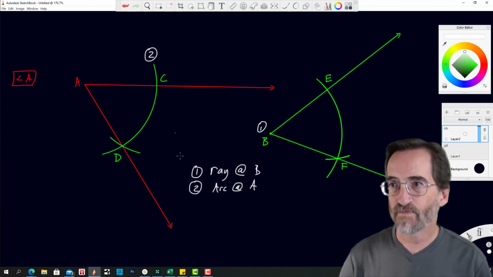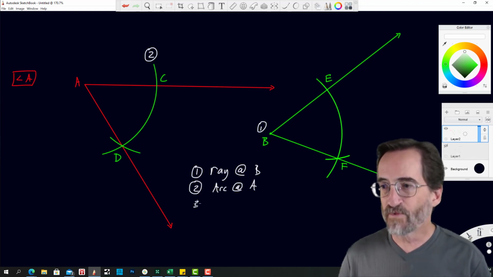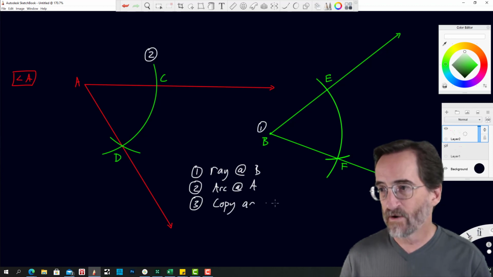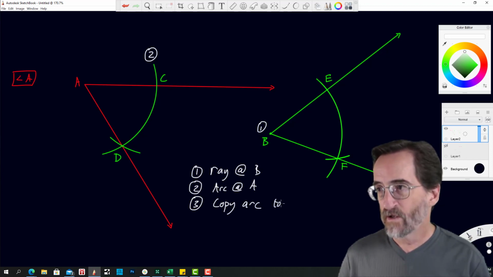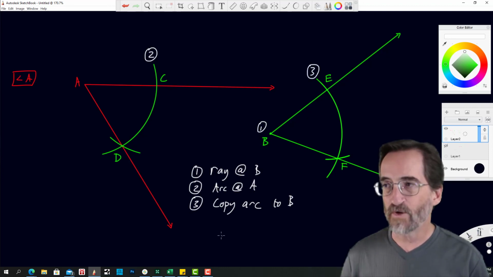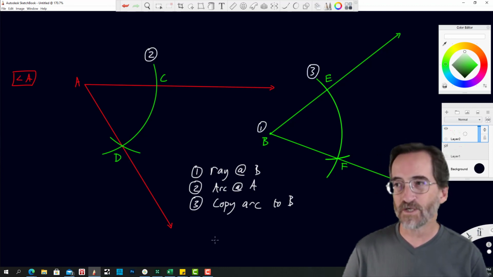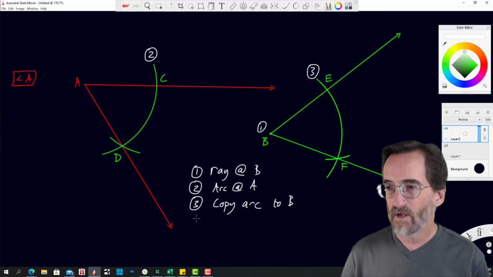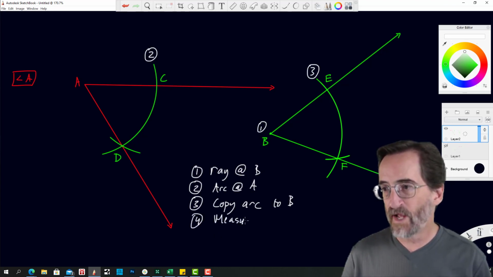Step 3, we copied the arc to B, and we determined the intersection points E and F. Step 4, we measured the gap.